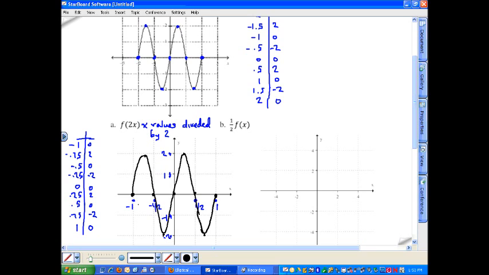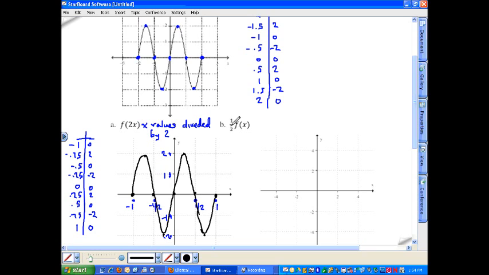Now the effect this is supposed to have is a horizontal compression. It doesn't appear to have been compressed horizontally, but if you look at the original graph, it spans from -2 to +2. This graph spans from -1 to +1, so it has been compressed horizontally. It's just we changed the scale of the axes to make it easier to graph.